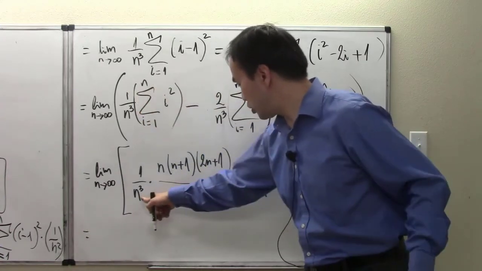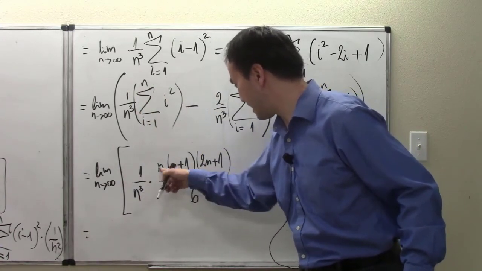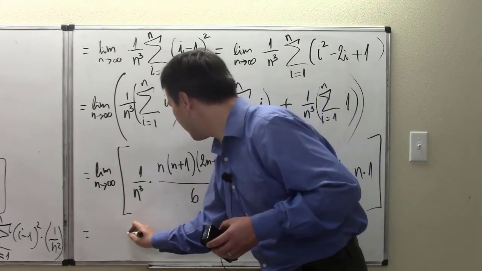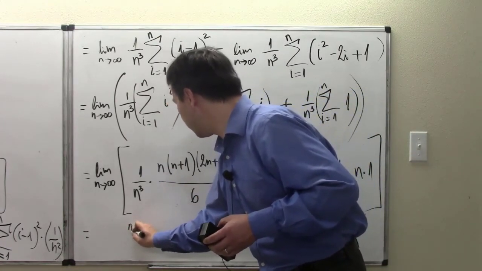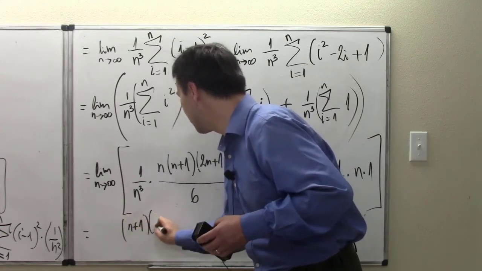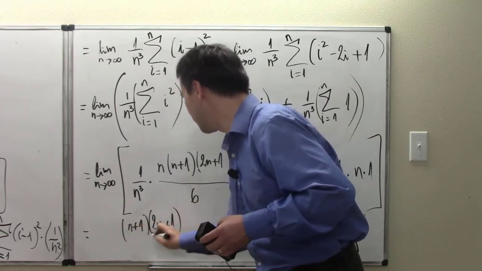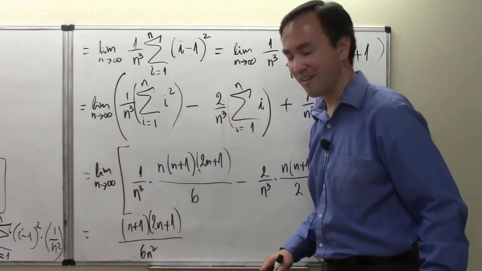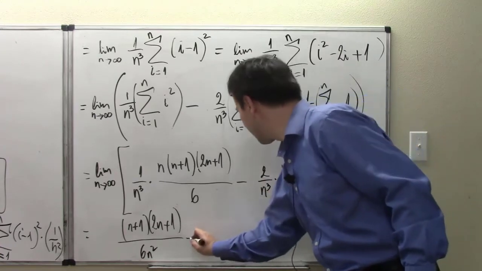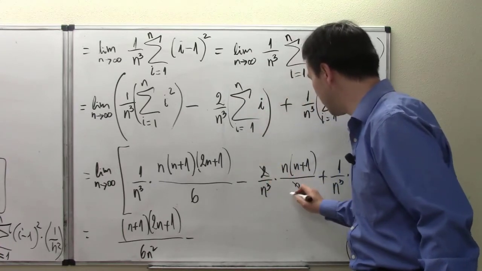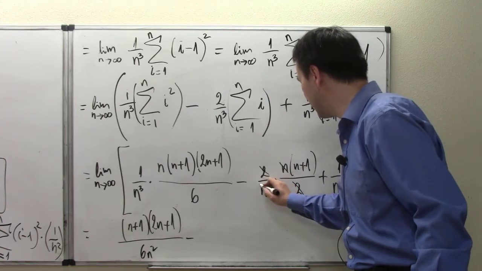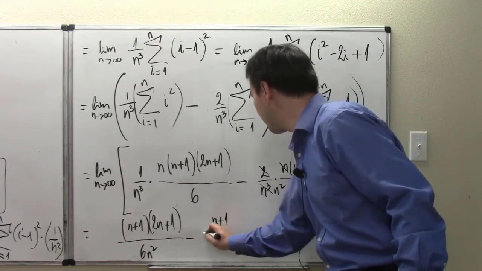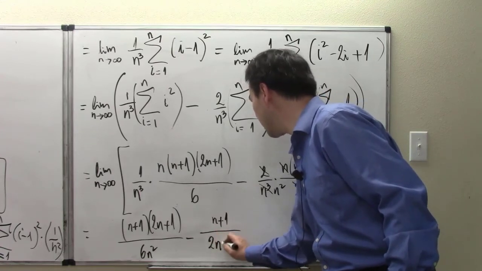You see the n cubed cancels with that n right here, and the first term becomes n plus 1 times 2n plus 1, but over 6n squared. In the second term, the 2 cancels with the 2 here, the n cubed cancels with the n, and that gives me an n squared, so it gives me n plus 1 over 2n squared.